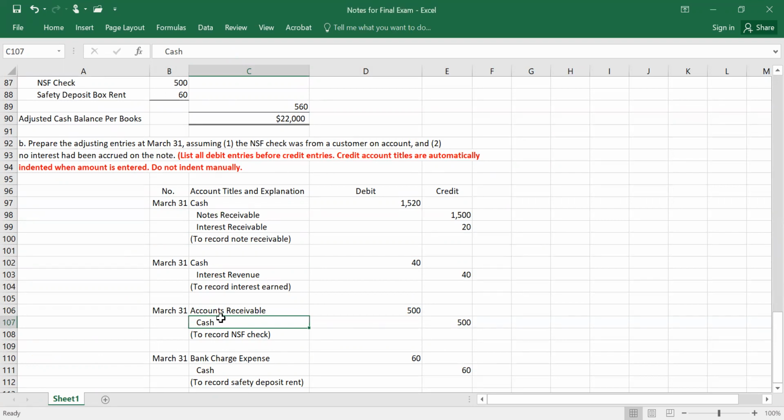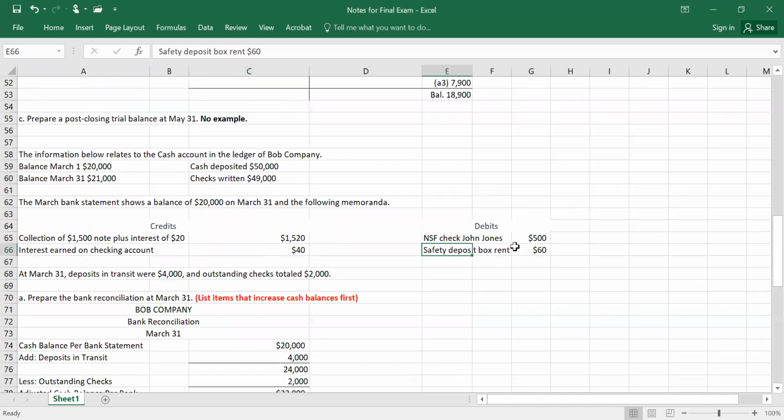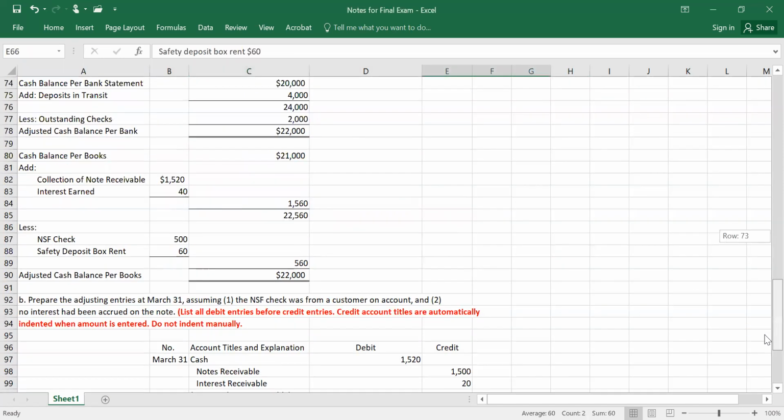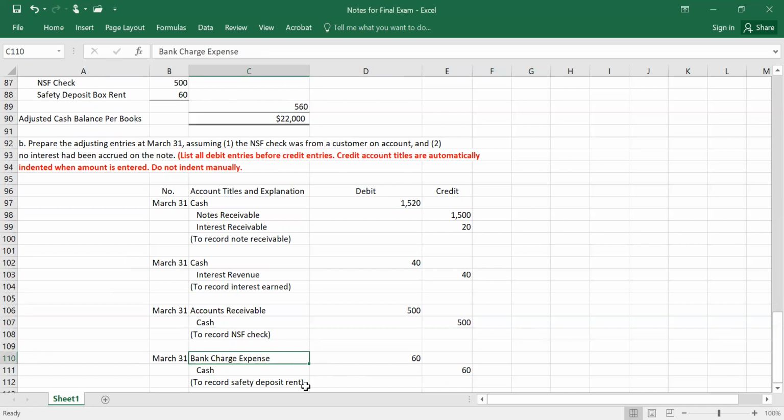Of course, we're crediting the cash because we really didn't get that cash. It was an insufficient funds check. Last thing we have to do is for the safety deposit box rent for 60. We're going to debit bank charge expense, credit cash for $60.